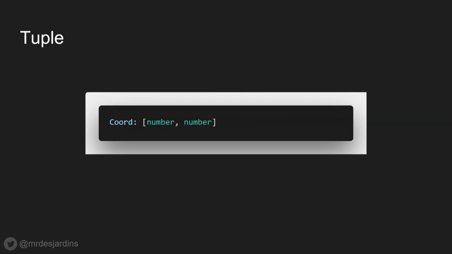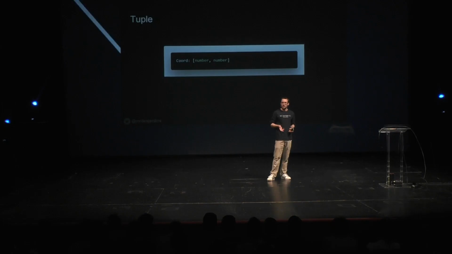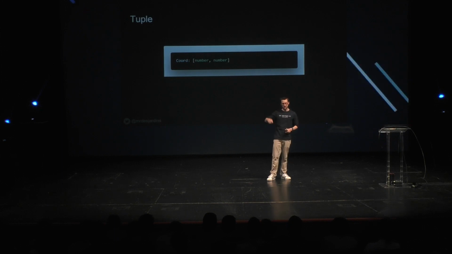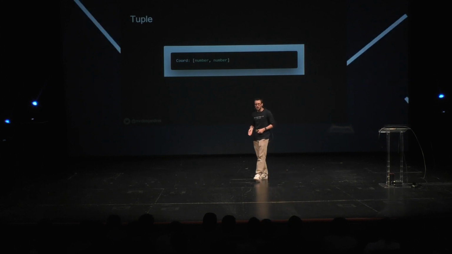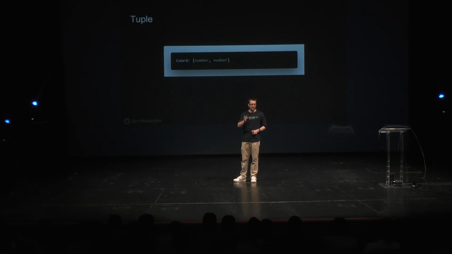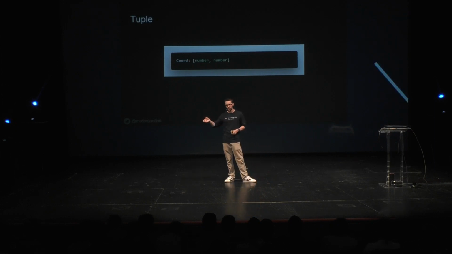Tuple is a feature of JavaScript that you are using, which is just using an array and adding types at different indexes. With TypeScript, what you can do is say, oh, I want to use the tuple pattern as well, but I want to be sure that the first index is a number, like in this example, and the second as well. But I could say, okay, the first is a number, the second is a date, the third is a string.